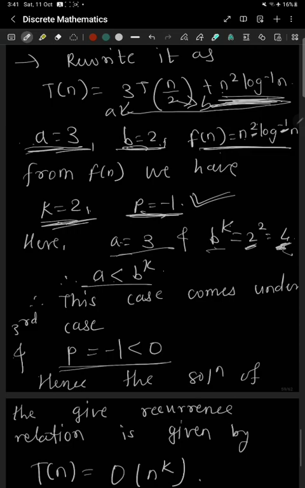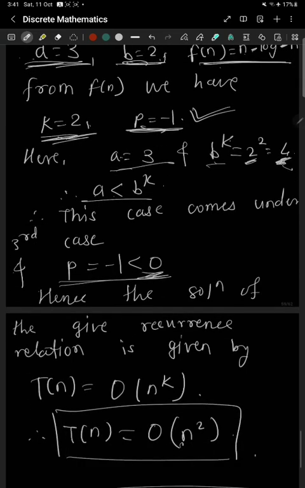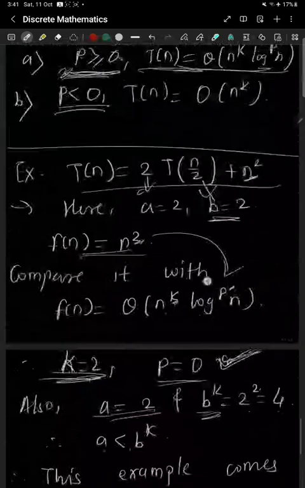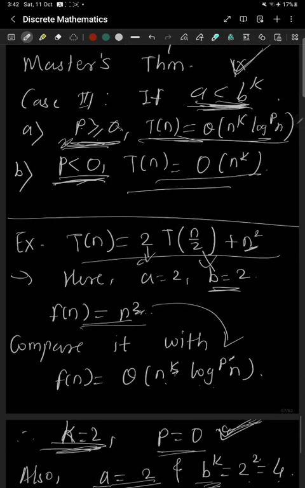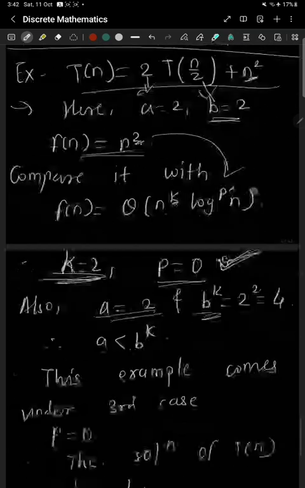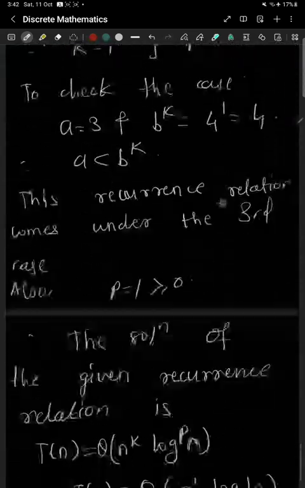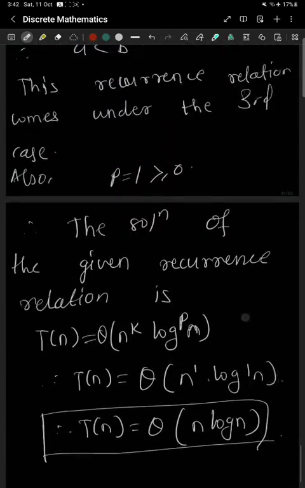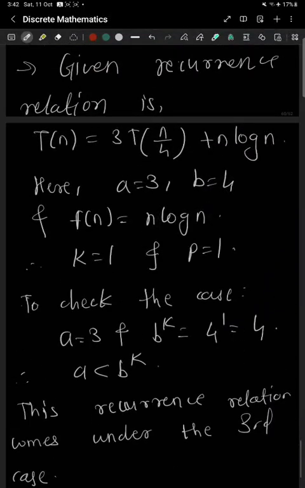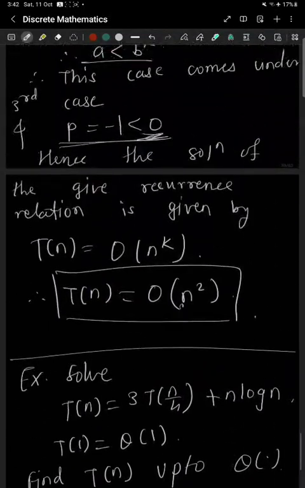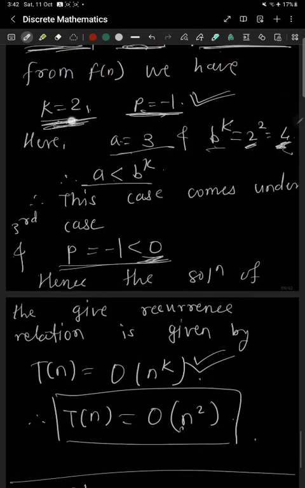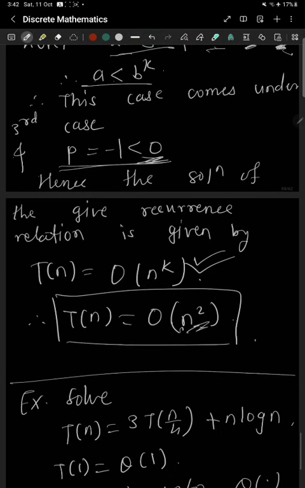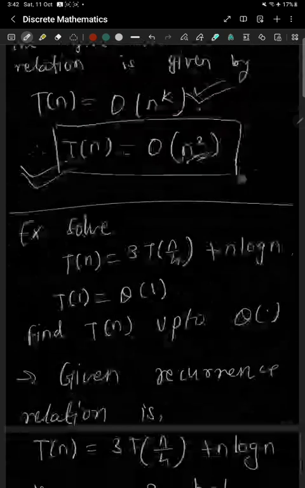Here p is equal to minus 1, which is less than 0, hence when a is less than b raised to k and p is less than 0, the solution is O of n raised to k, where k is equal to 2. Just put that value, O of n square. This is our final solution.